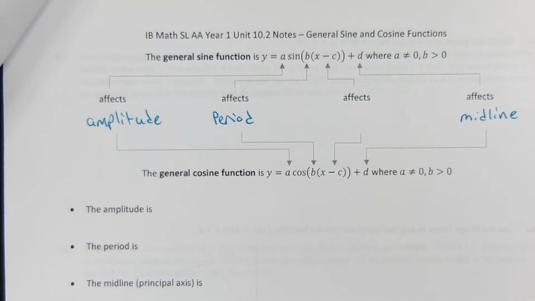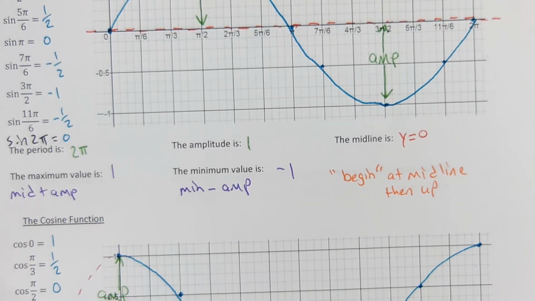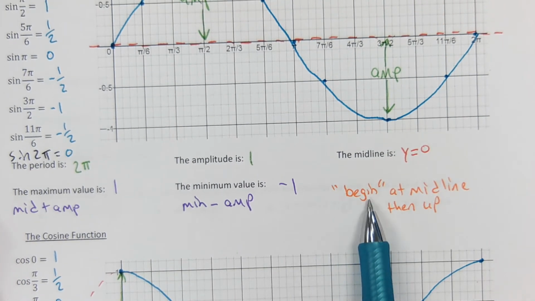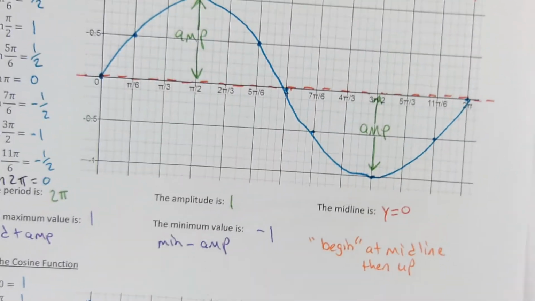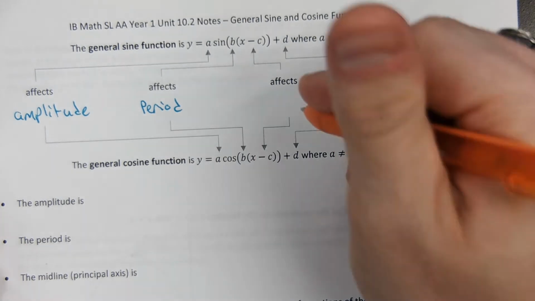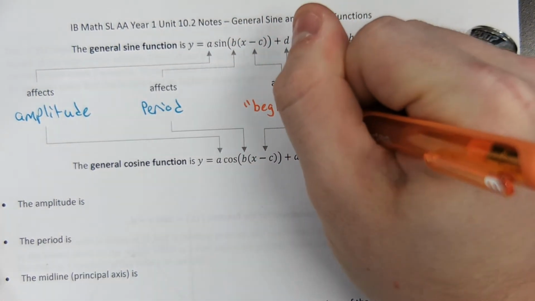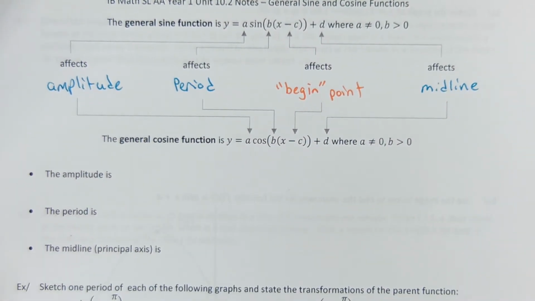Well, it is the phase shift, but remember yesterday I said, and I put it in quotations, and you guys made fun of me for putting air quotes with my fingers in the camera, the beginning point, where I said that the wave begins, quote unquote, at the midline for a sine, and that the cosine wave begins at a maximum, that's going to affect your beginning point. Basically, it's going to affect where you draw your first wave's start, known as a phase shift.